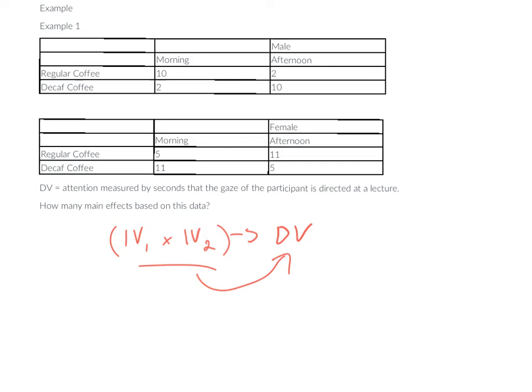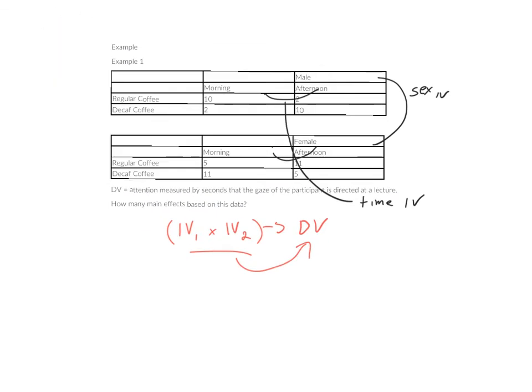Now we have three possible interactions. So let me go ahead and label these again. So here and here, we have the sex IV. Here and here, right? We have the time IV. It doesn't matter what you call it.